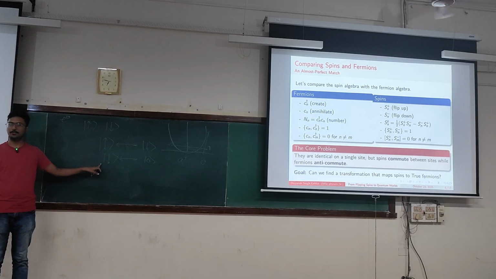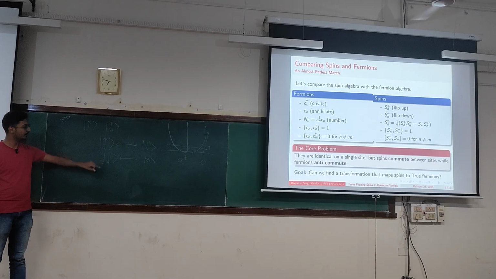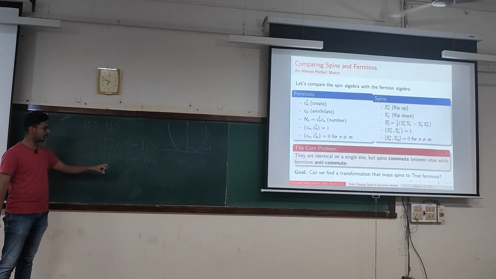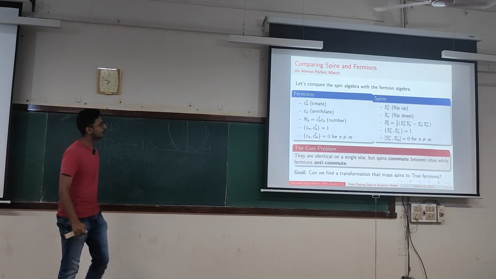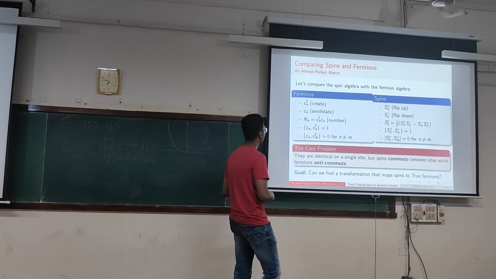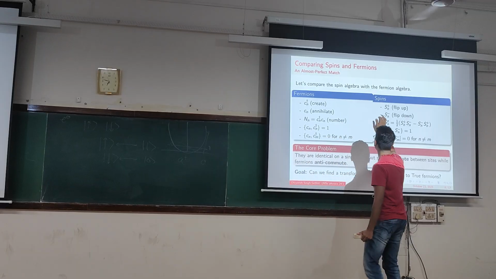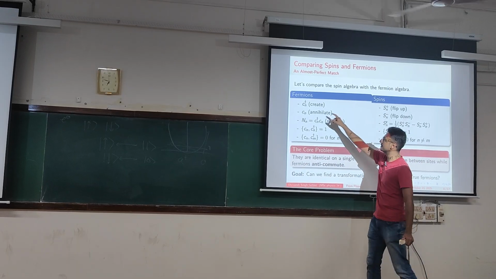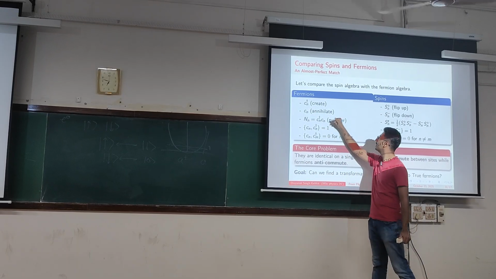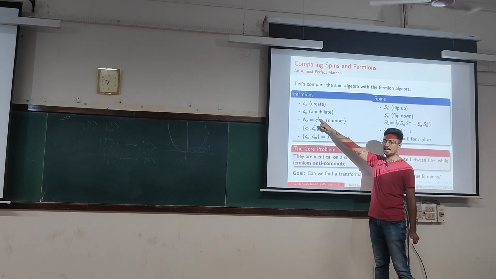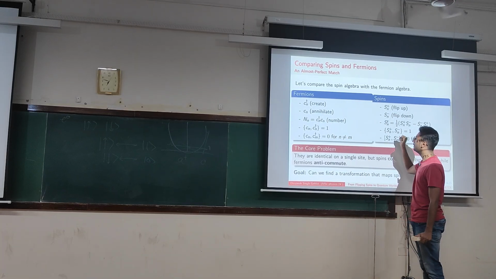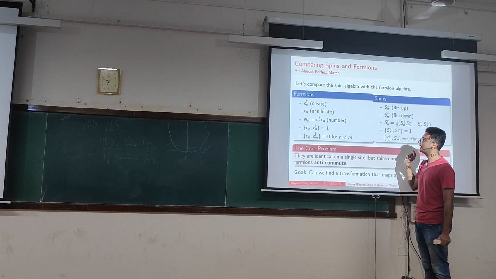This is the correlation I will try to make. Spin up equals 1 and spin down equals 0. When I make this correlation, S_n plus becomes C_n dagger, S_n minus becomes the C_n annihilation operator, and now we need to write a number operator.